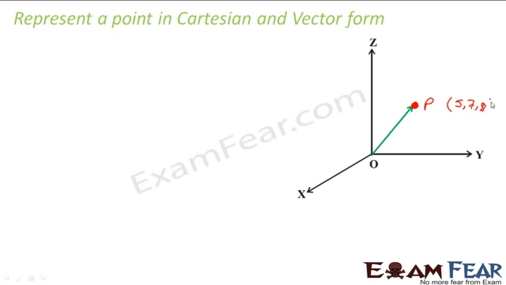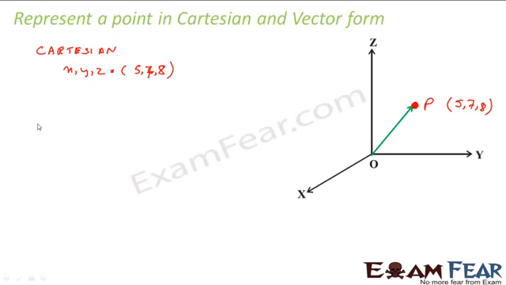Okay. So if my value of x, y, z at this point is 5, 7, 8, in Cartesian form, how do I represent this? I say x, y, z is equal to 5, 7, 8. This is how I represent this in Cartesian form.